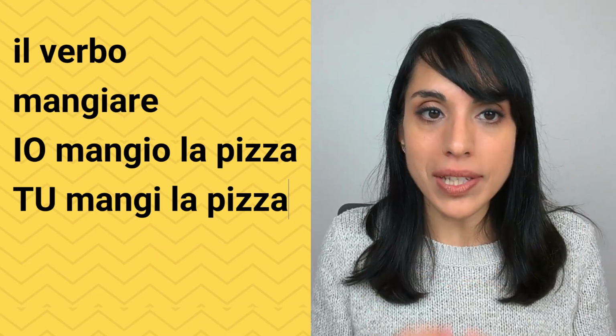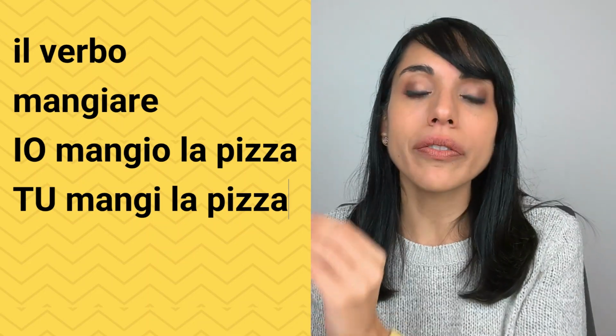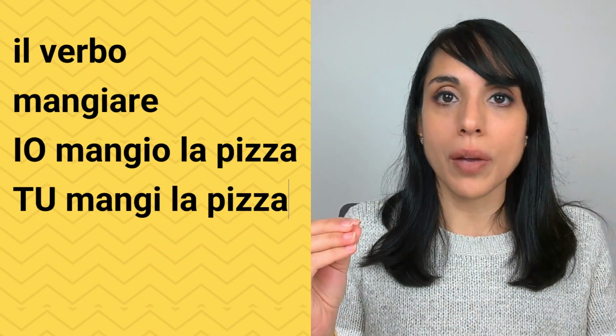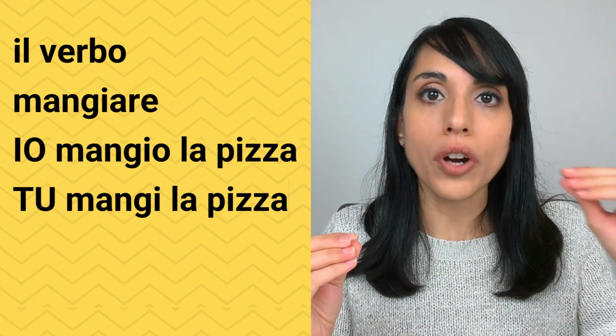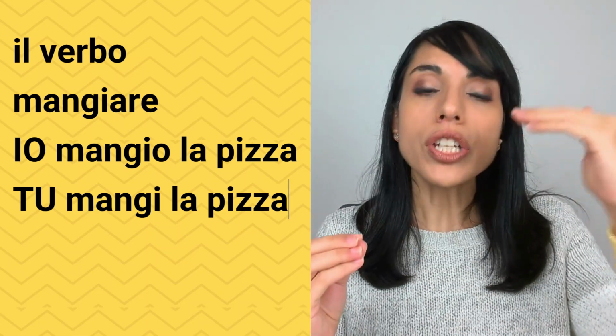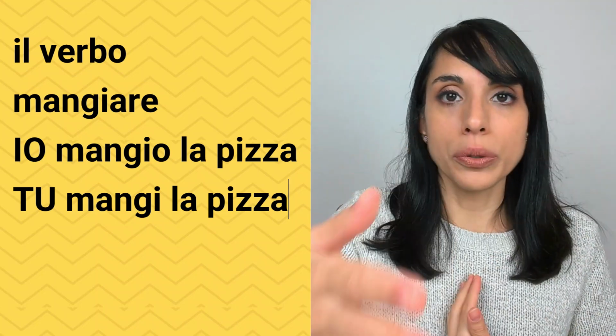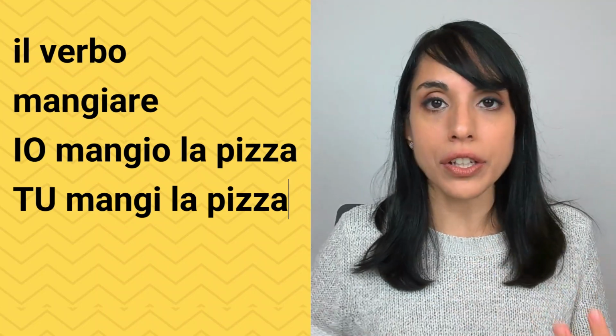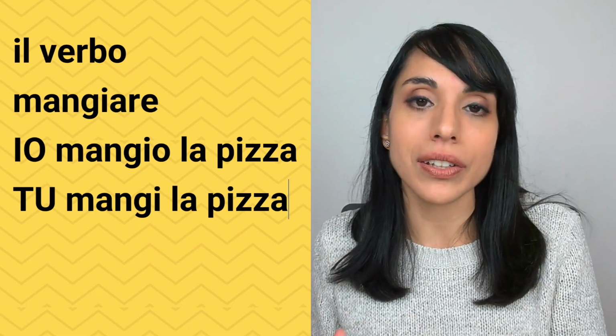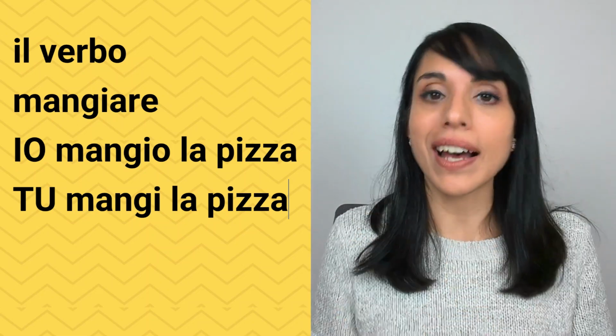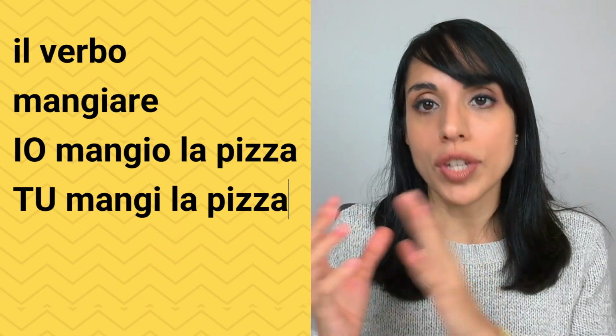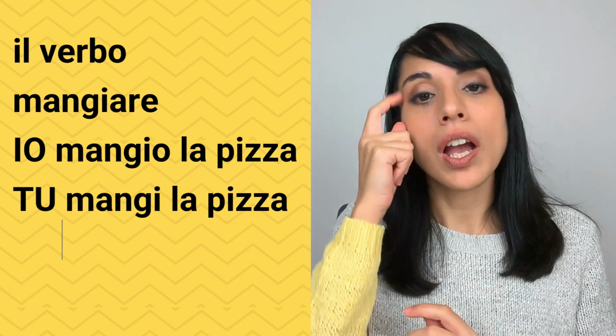Conjugating a verb means changing the ending of a verb to match the subject, so to match the doer of the action. For each subject, I, you, he, she, etc., you will have a different ending. That's the peculiarity of Italian, that you need to change the ending depending on the subject.